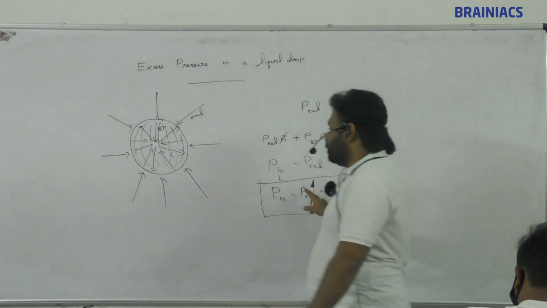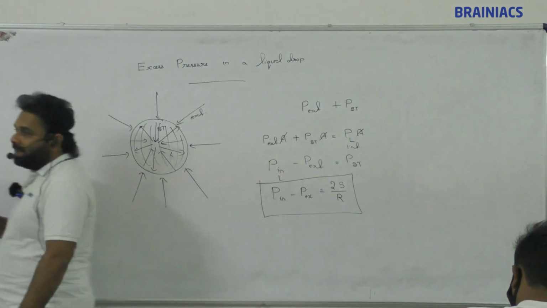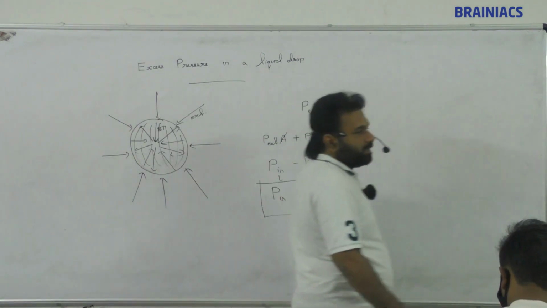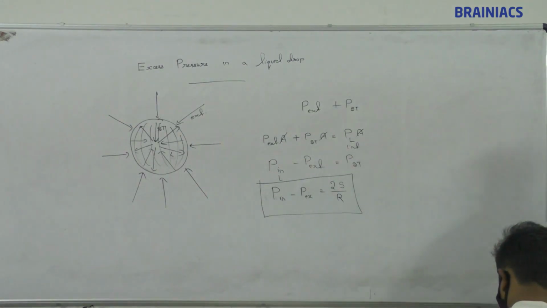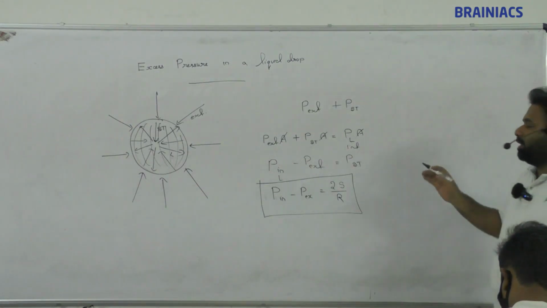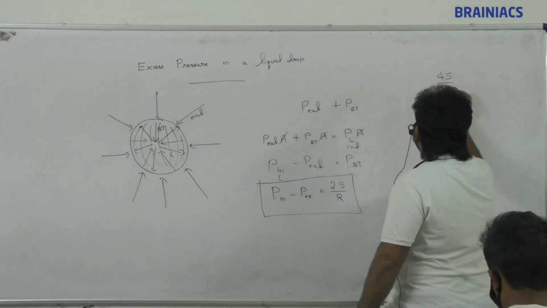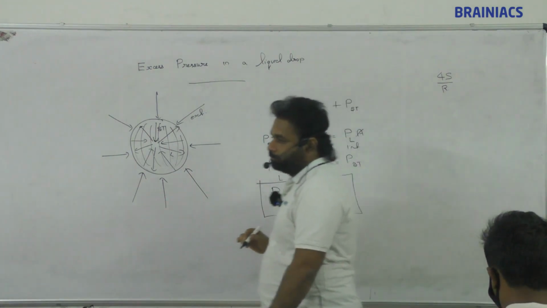The pressure due to surface tension for a liquid drop will be 2S by R. Only one difference will come if it is a soap film or a bubble: it will be 4S by R. Okay, just remember that.